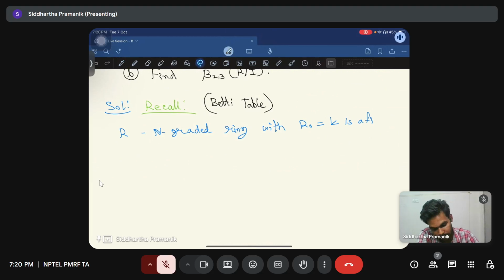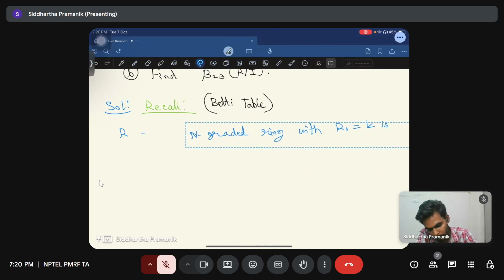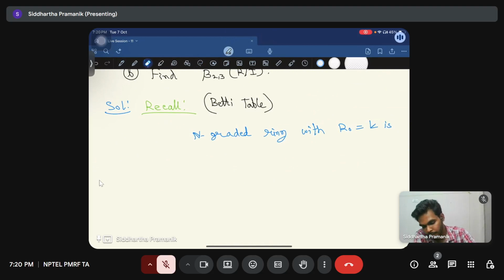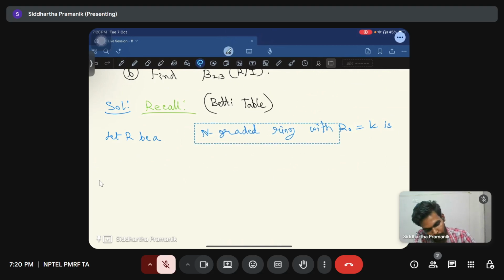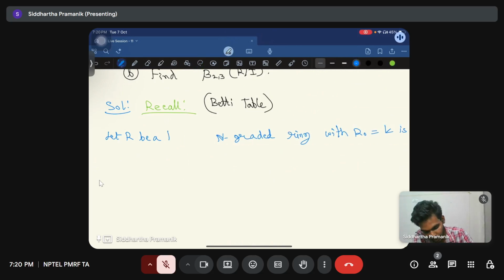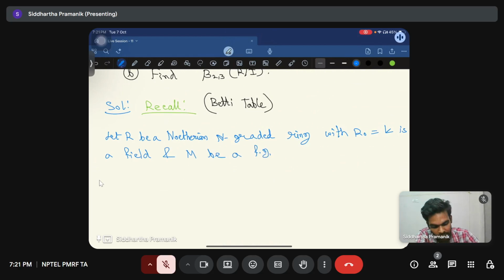Okay, we need Noetherianness. So let R be a Noetherian N-graded ring with zeroth component a field, and M be a finitely generated Z-graded R module, right?